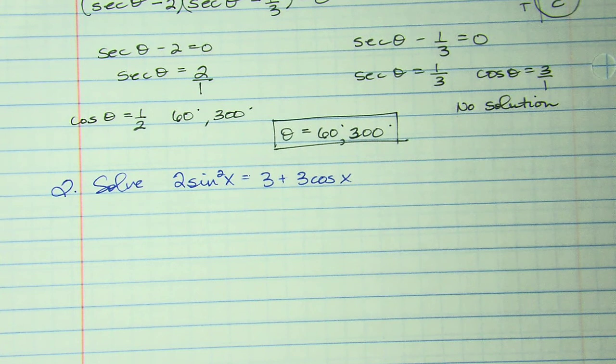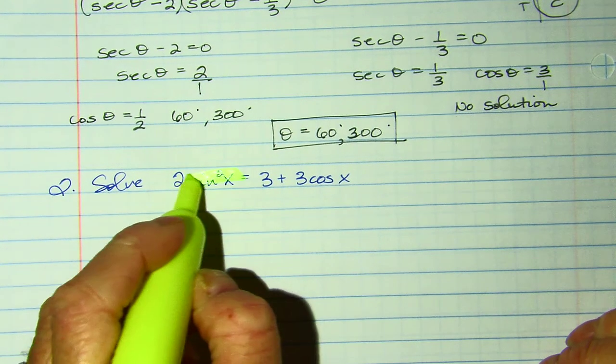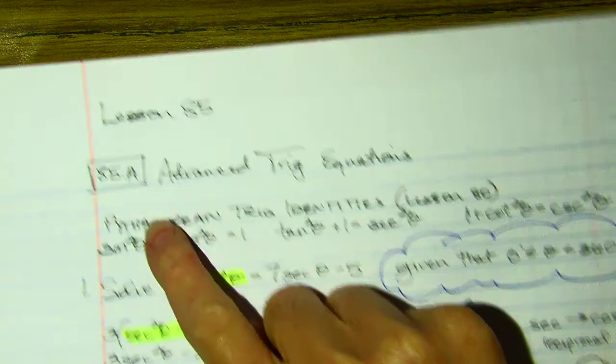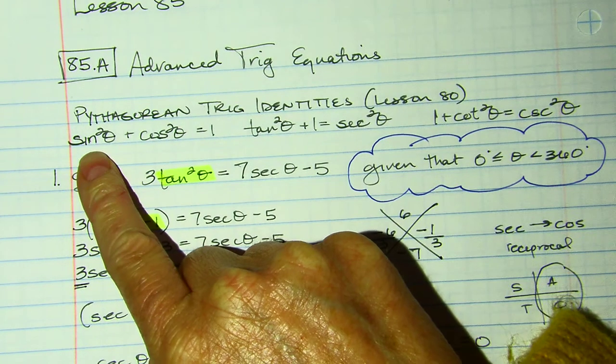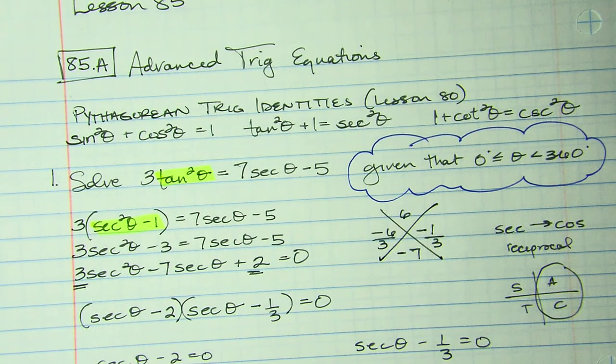Now, the reason I'm replacing one of these is because right now I have 2 different trig functions. I have sine and cosine. And so if I'm going to factor this, they have to be the same. So I'm going to replace sine squared x using this first identity. I know that if I subtract cosine, then the sine squared of theta equals 1 minus cosine squared of theta.